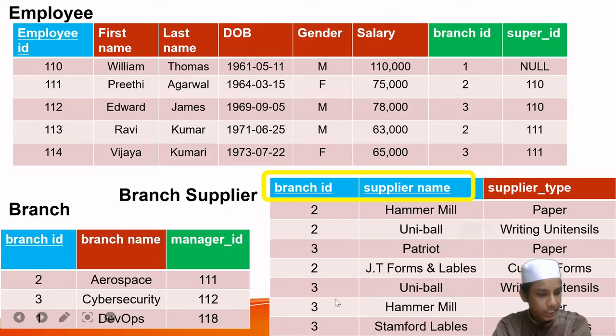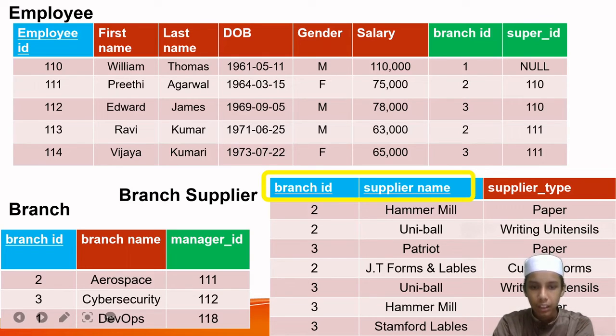That branch ID is 3, and it's the cybersecurity branch, and he is supplying paper. And here we have Uniball, where its ID is 2 only, so it's supplying writing and sales to the aerospace. And same here also, Uniball is supplying the same type of product to the cybersecurity. Its branch ID is 3, right? So it's supplying to the cybersecurity.